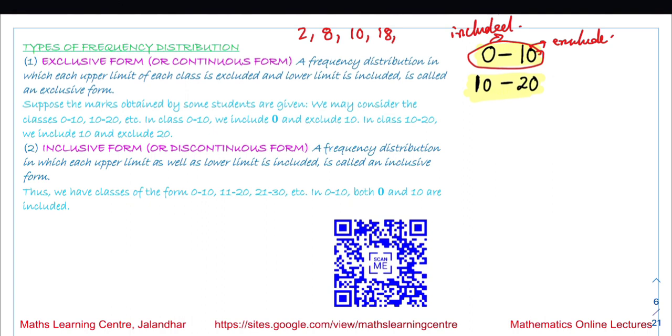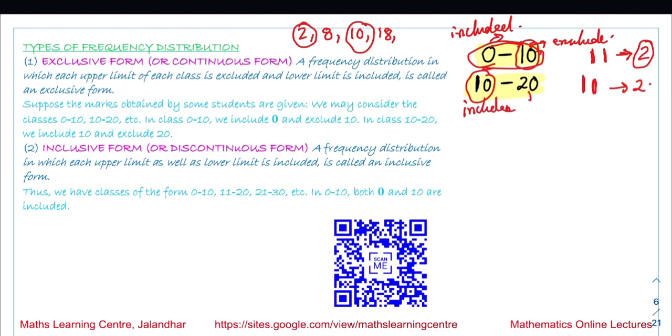In the exclusive form, 2 will be marked in this, 8 will be marked in this, then 10 will be marked in the next one, and 18 will be marked in the next one. So the frequency for this class is 2, and the frequency of this class is 2. Between 0 and 10, 10 is excluded, 0 is included. How many students are there? 2 students. Then 10 is included and 20 is excluded. How many students are there? There are 2 students over here.